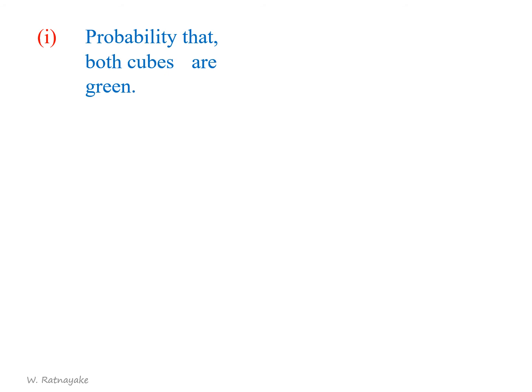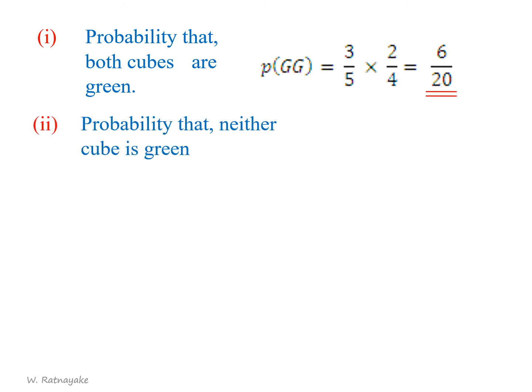Then the second one, probability that neither cube is green. So we have to select from the tree diagram the events in which green does not exist. That means P(RB) and P(BR).